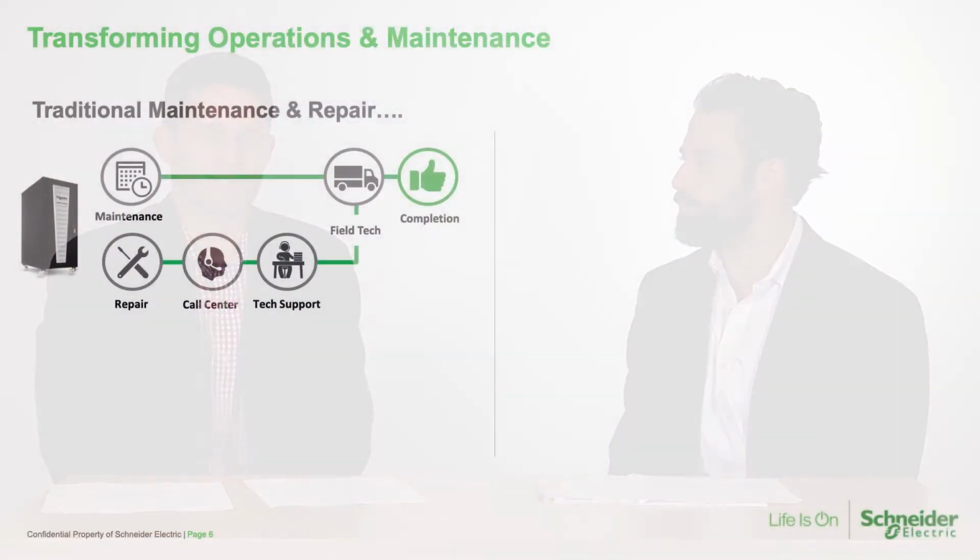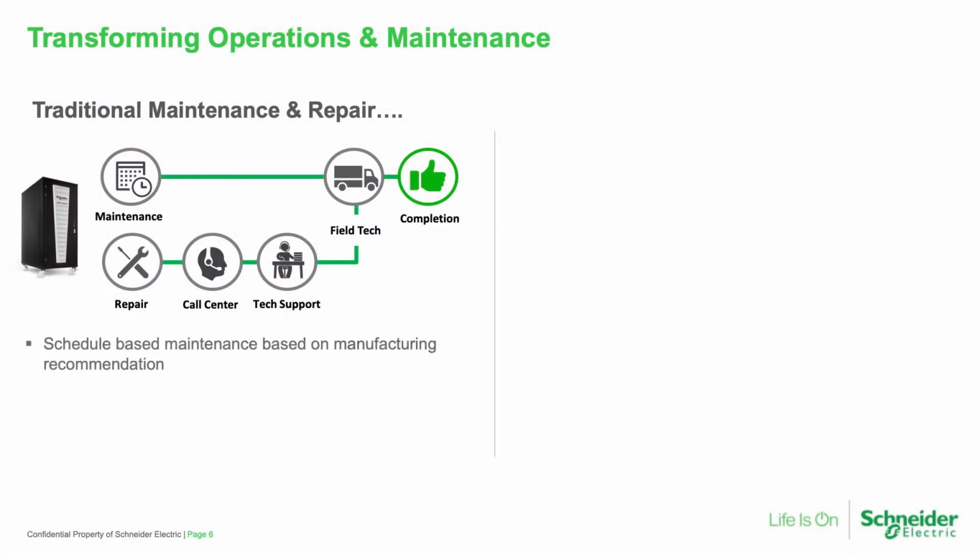So very clear, and we're talking about a lot of doing things differently, but let's backtrack a little bit. Help us understand what's the traditional model? How have people been doing this for years? Yeah, the traditional model is that customers often take a task-based, schedule-based maintenance model. That's the starting point.